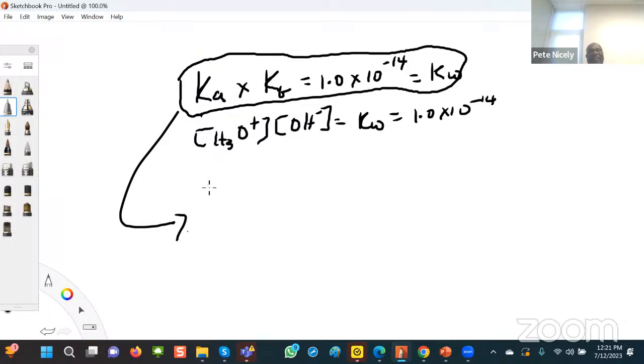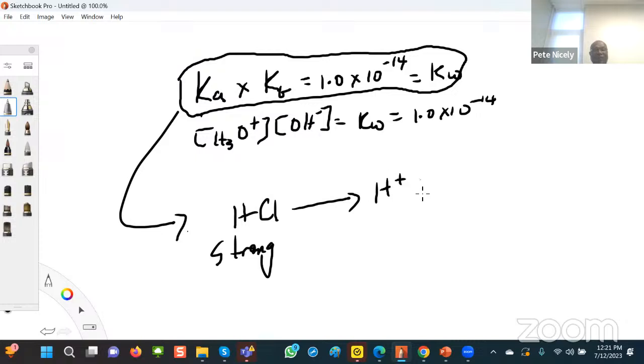Therefore, if Ka is very high, which means that the acid is very strong, then the conjugate base Kb will be very weak. So just to give you a couple of examples, hydrochloric acid is a strong acid, very strong. So strong that all the HCl molecules will dissociate to form H plus and Cl minus. So the conjugate base of hydrochloric acid is the chloride ion. This is very weak, very weak.